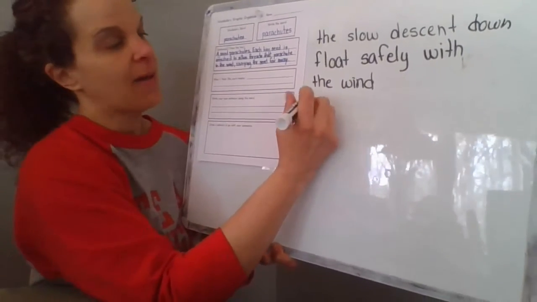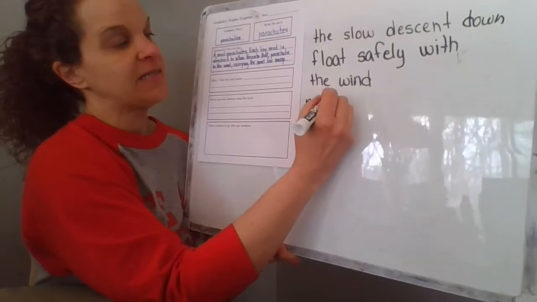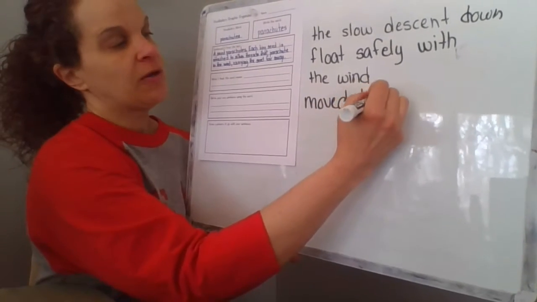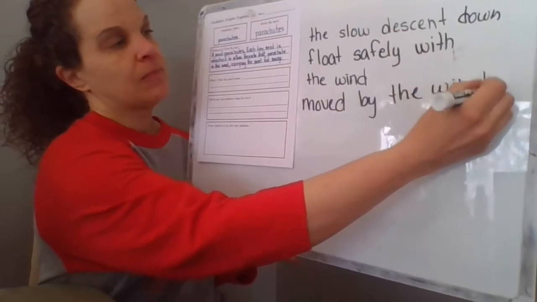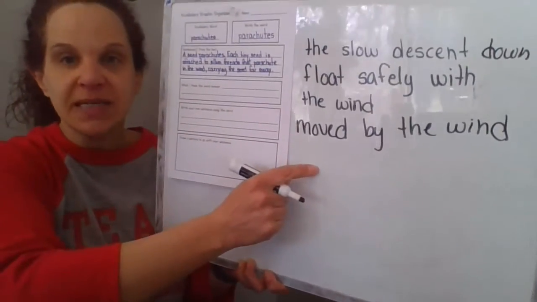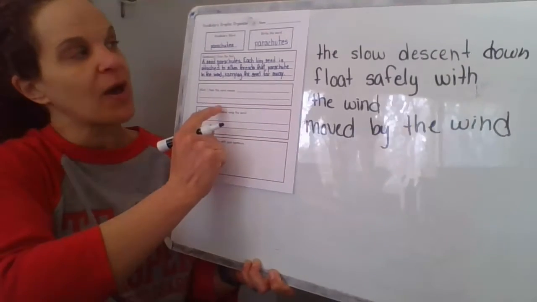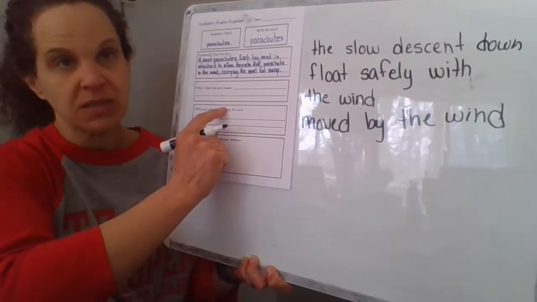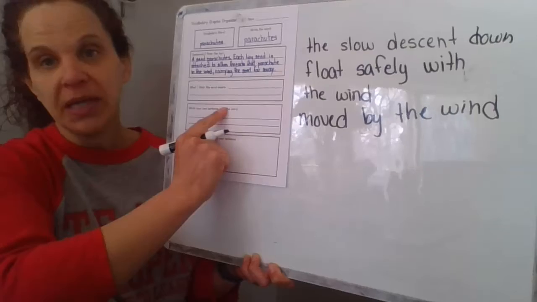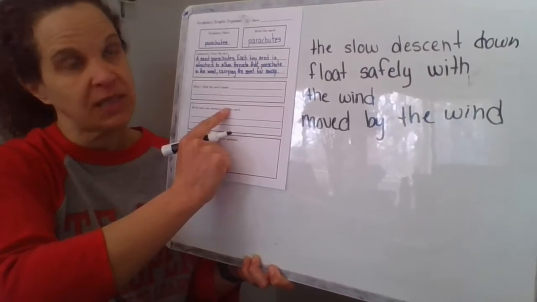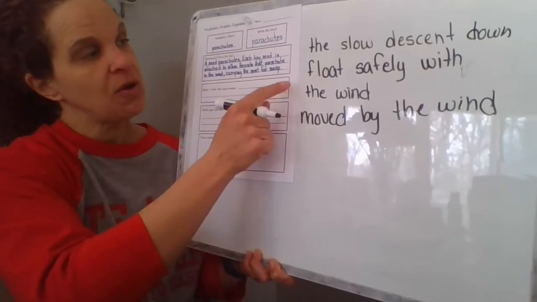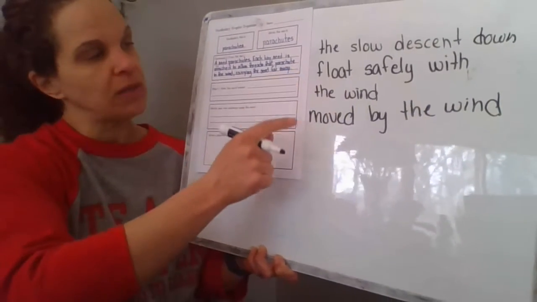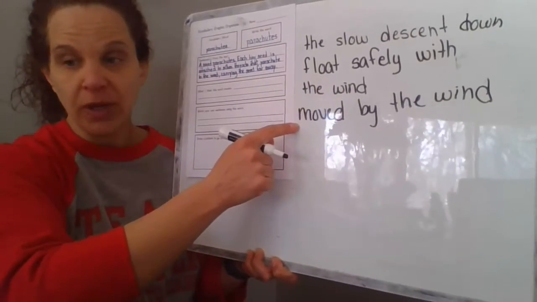And then I'm also thinking that it is moved by the wind. So these are some of the ideas that came to mind when I was thinking about what the word parachutes means. I'm thinking about it in relation to the movement of the seed. So again, I have the slow descent down, float safely with the wind, and moved by the wind.